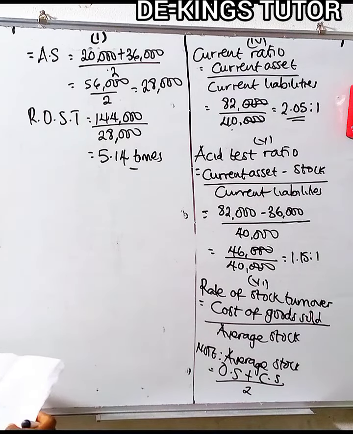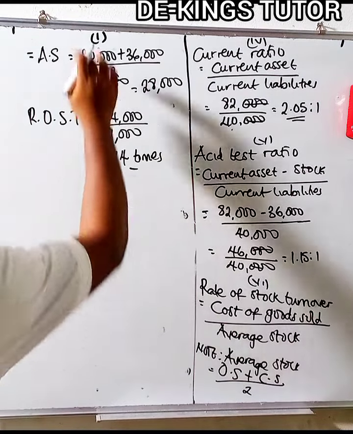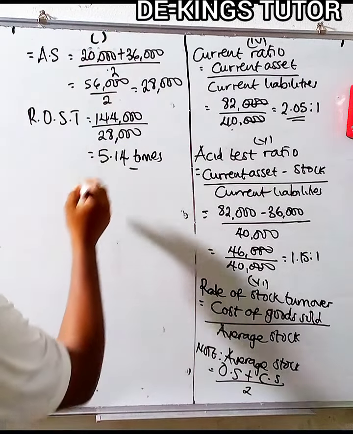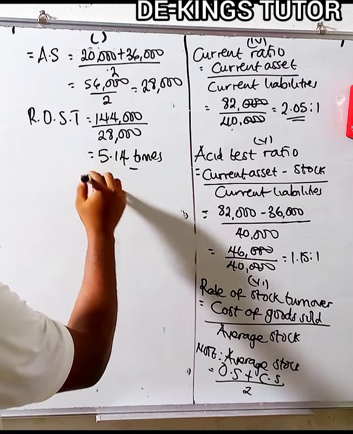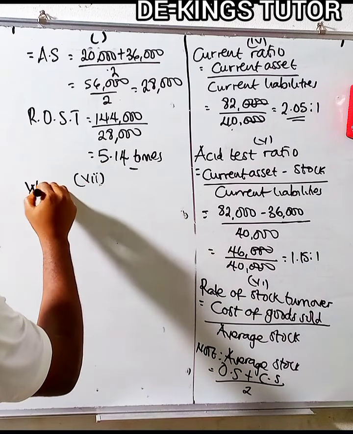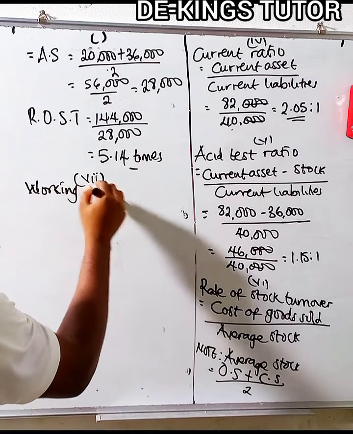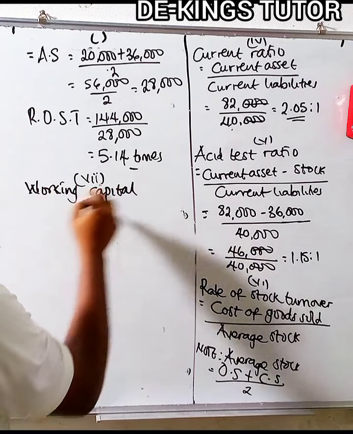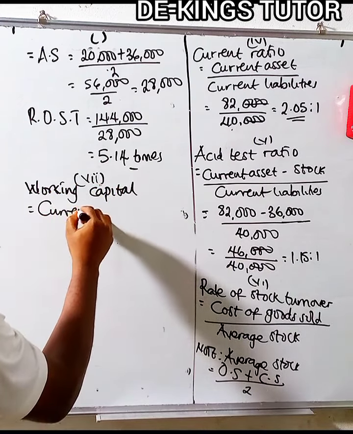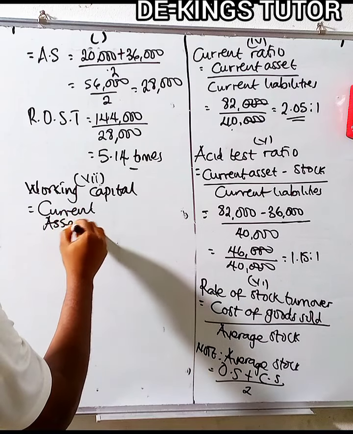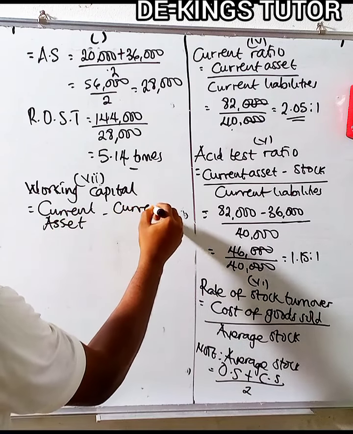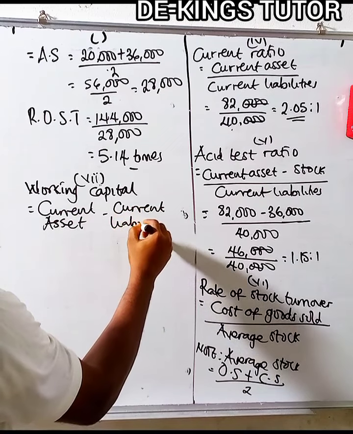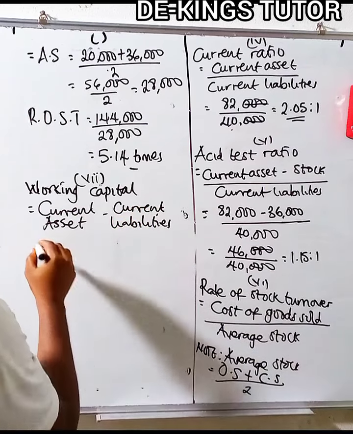The next one is the working capital. That is VII, the working capital. The working capital is current assets minus current liabilities.